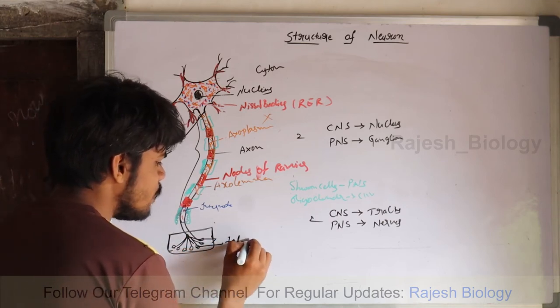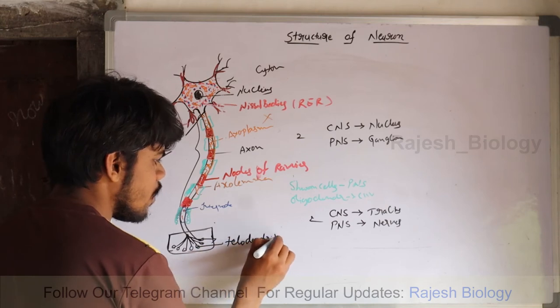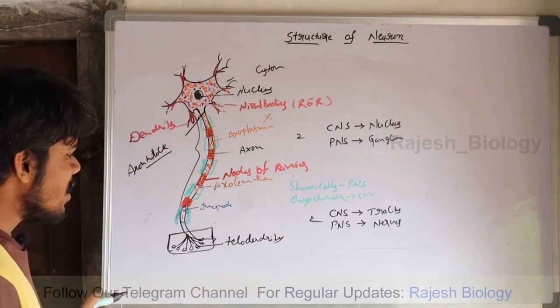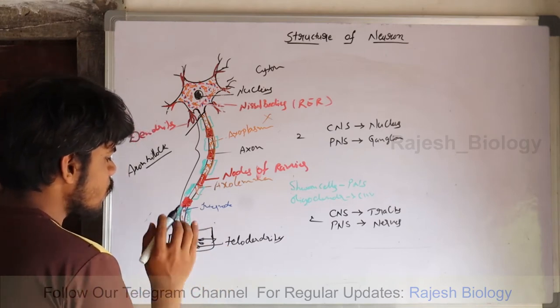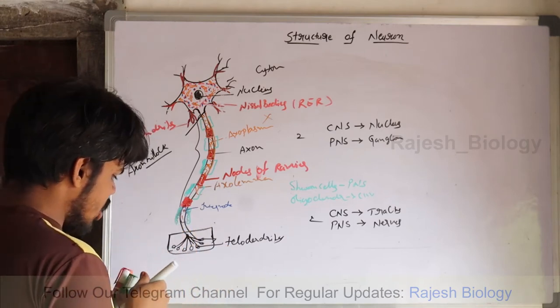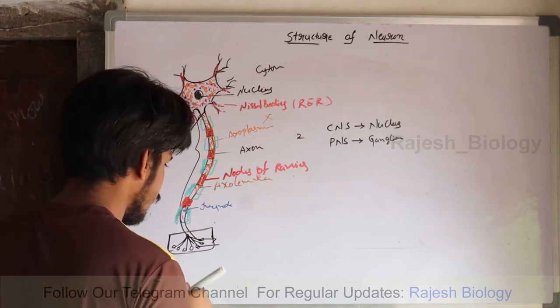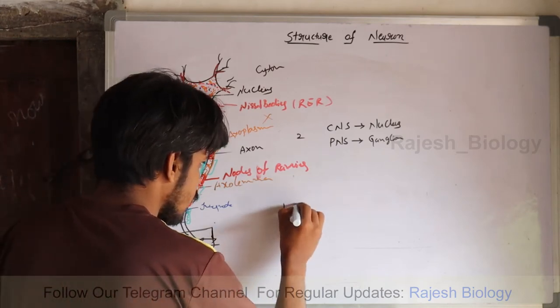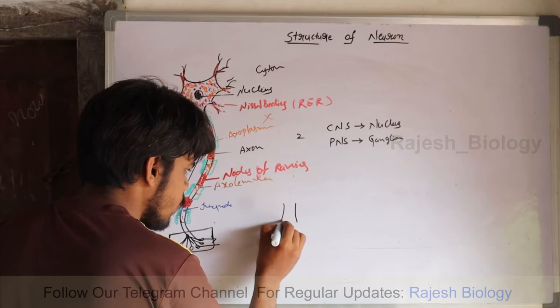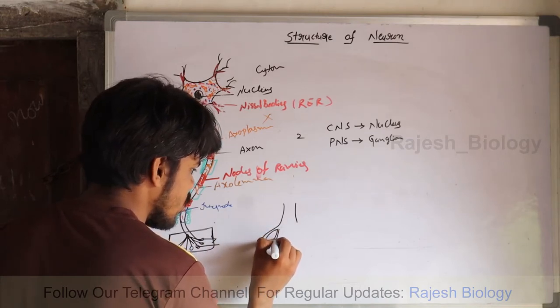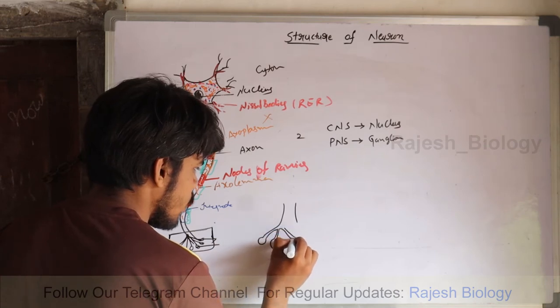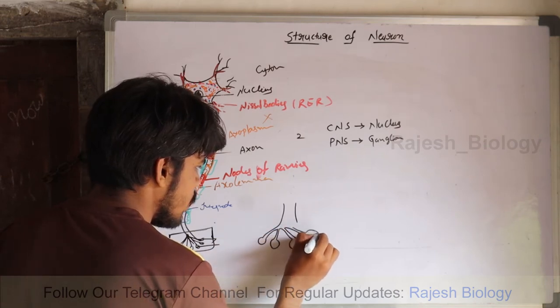Telo means tail. I'll enlarge this diagram here. It is the axon terminal, and the terminal portion of the axon gives rise to some branches like this, and these are known as telodendrites.